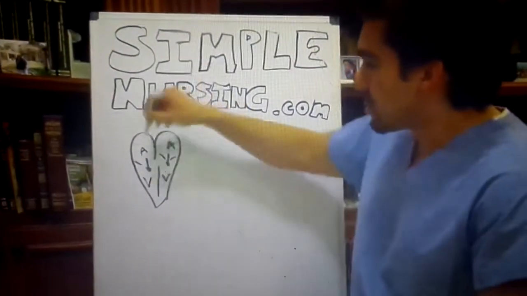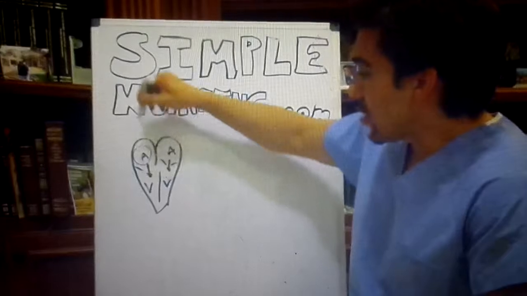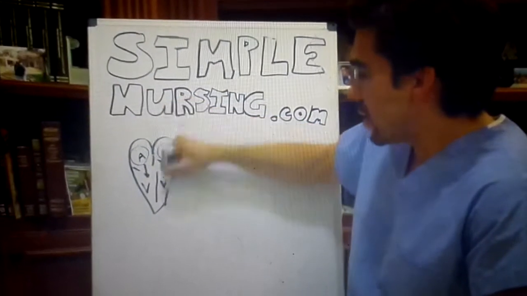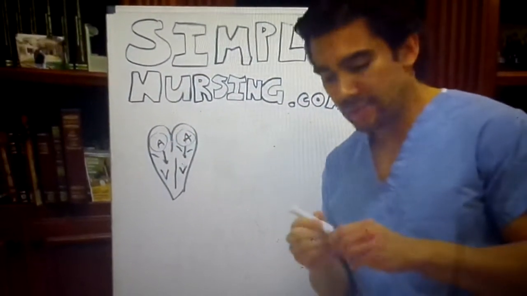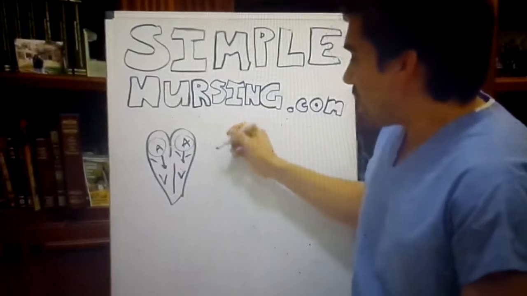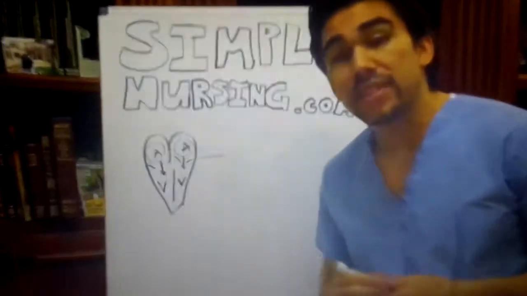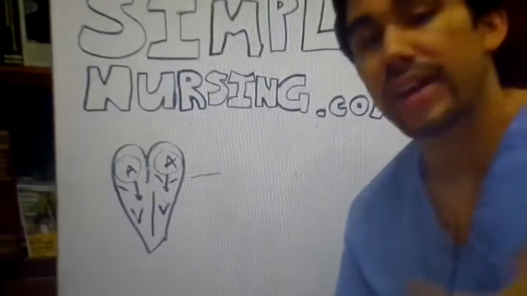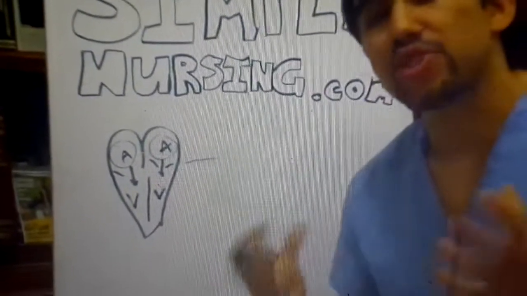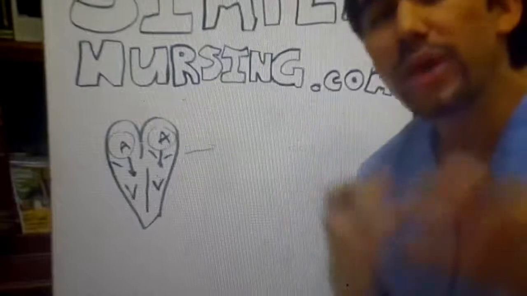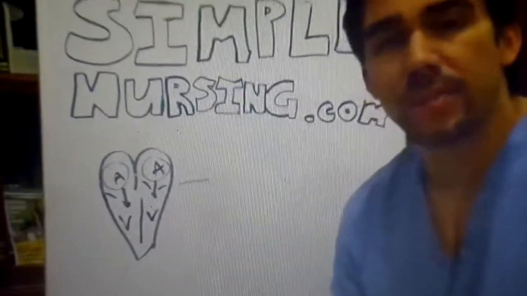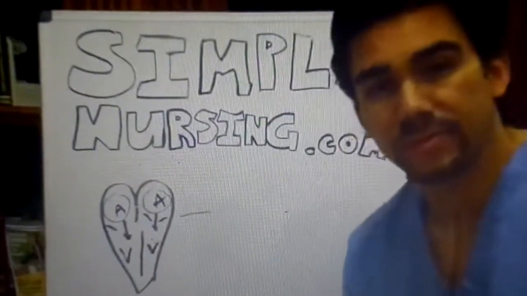So the atriums push the blood down into the ventricles, and this process is the first thing that happens in the cardiac cycle, in terms of contraction. So what do you think is the first thing that shows up on our earthquake paper?